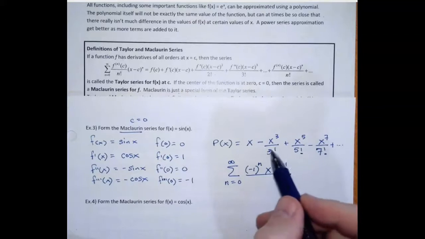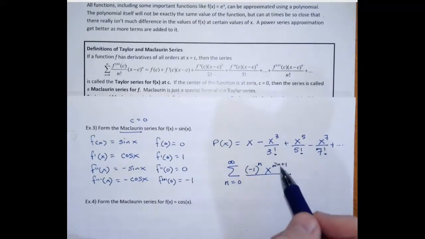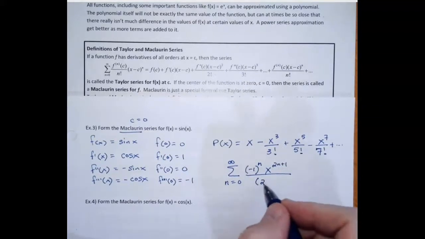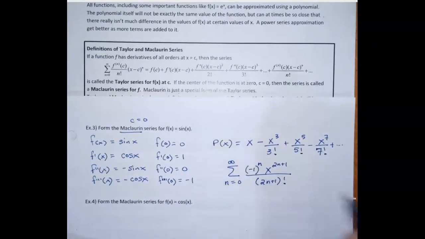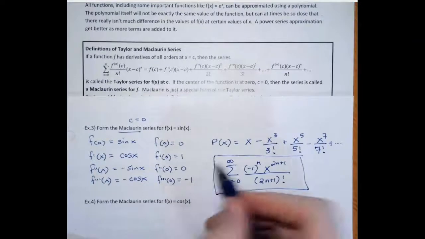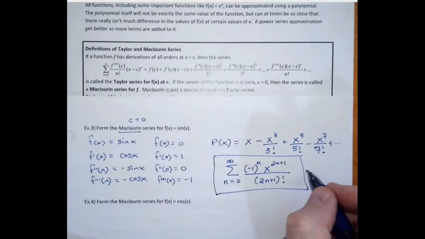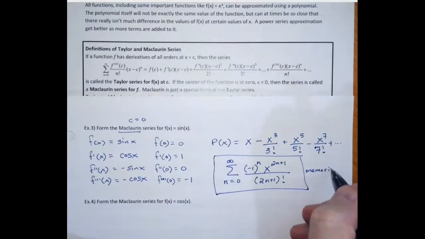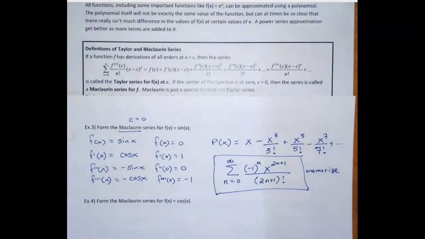And then we want this factorial to match that exponent, so that hopefully is somewhat clear there. So that's the series, and that's what we want to memorize, because that'll help us on the AP test.